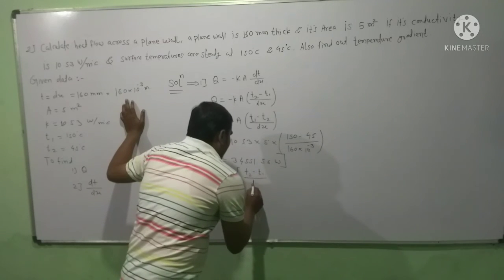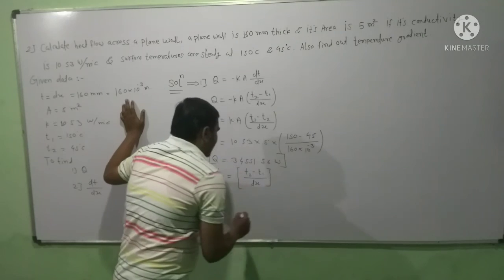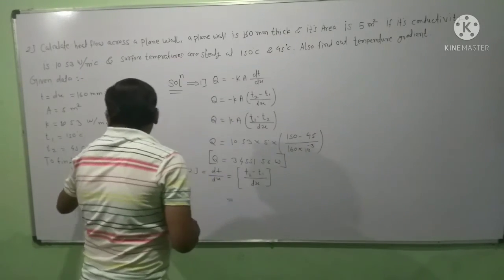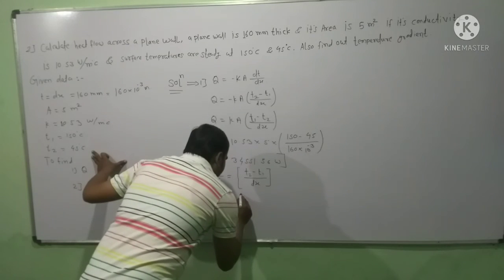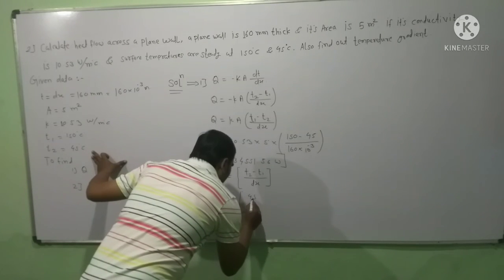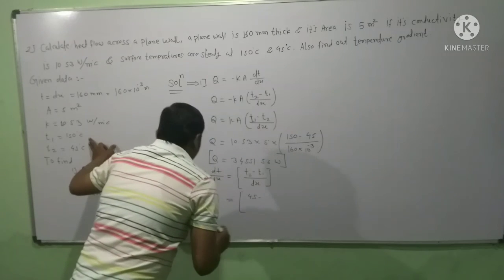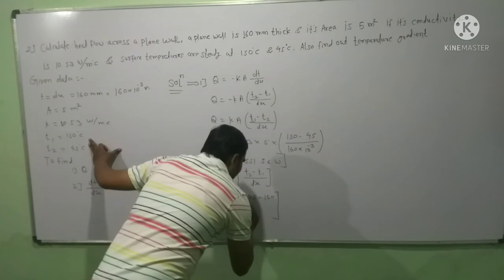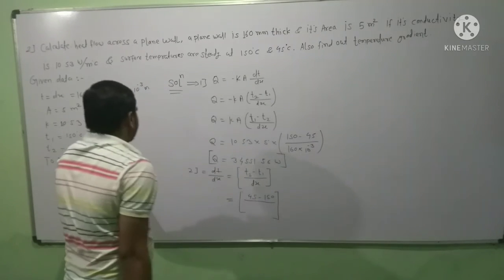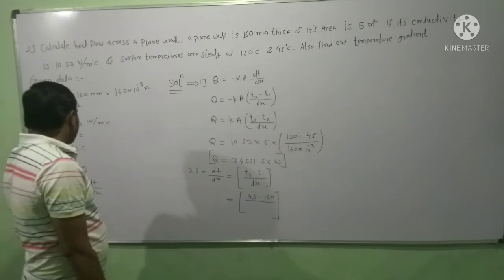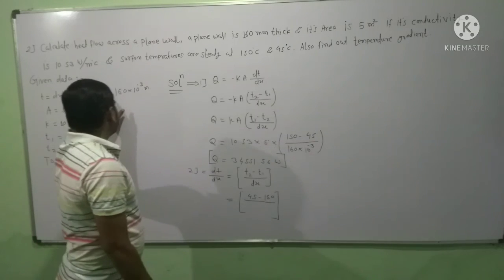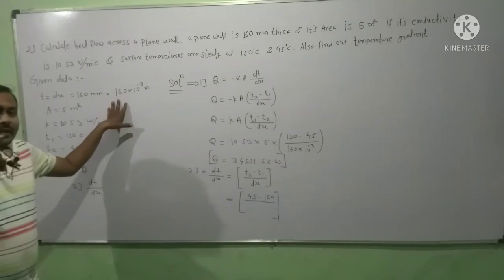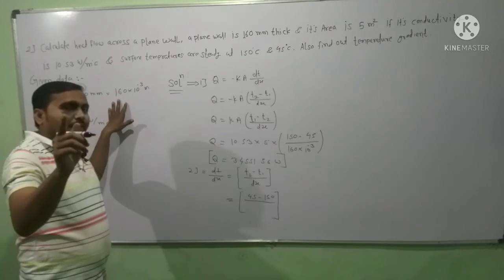Put the values. Your T2 temperature is 45 minus your T1 temperature is 150, divided by dx, the thickness of wall. It is given in mm, you have to convert that into meter by multiplying 10 raised to power minus 3 or by dividing 1000.